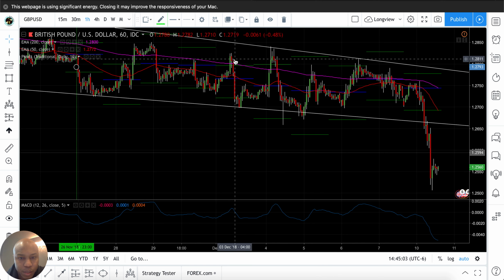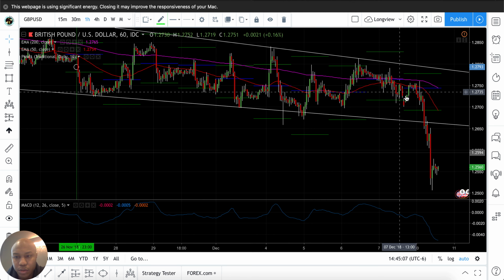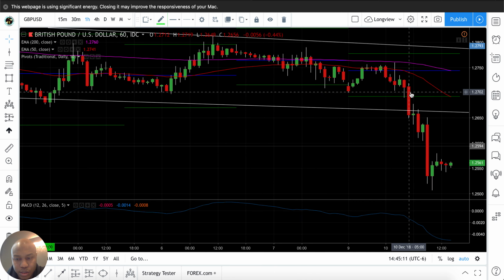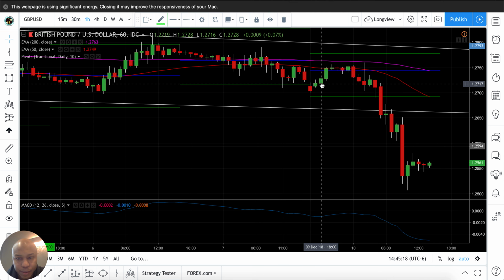But again, the 50 EMA breaking up and down through it, up and down through it. And then this section, this is the part that I look at. Does this look like something that's going to get rejected hard like that?